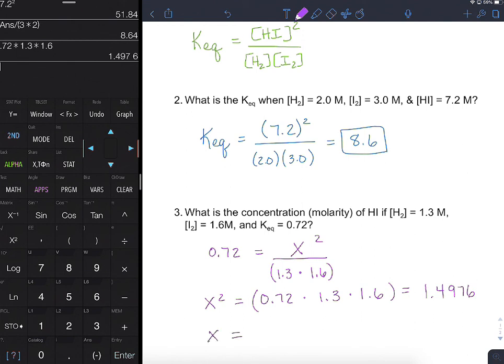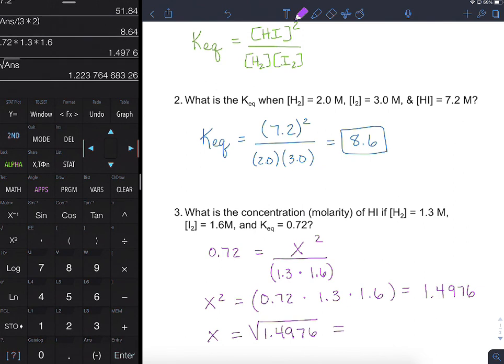So x is going to be equal to the square root of 1.4976, which when we take the square root of that, find my square root button, so second square root, second answer. It's the fastest way for me to get that in there. And so I end up with a value of, in this case, I'm going to round to sig figs, so 1.2 molar is the concentration.